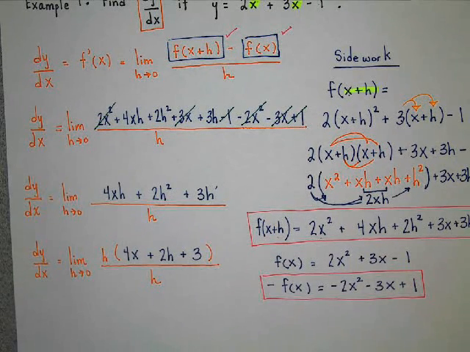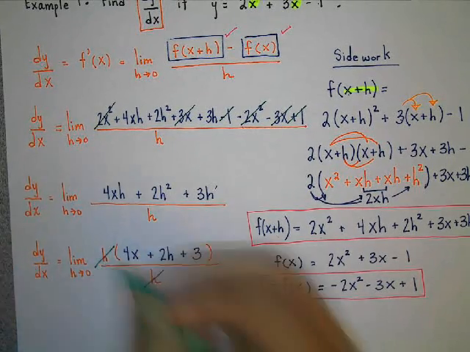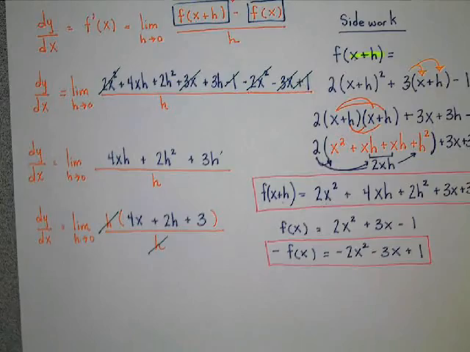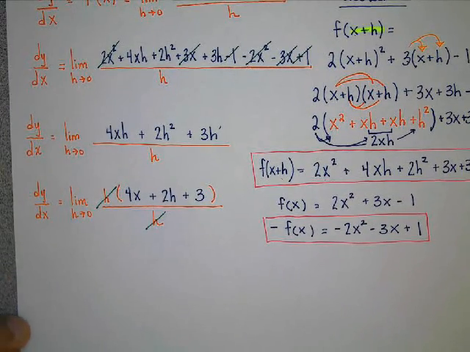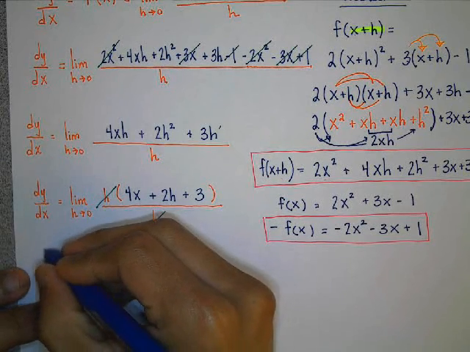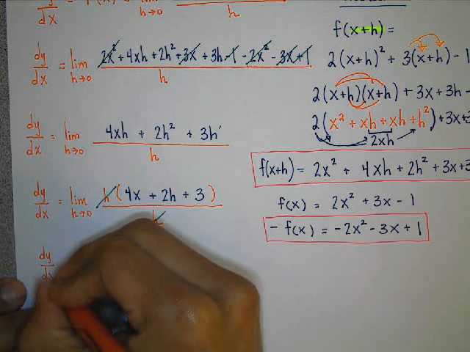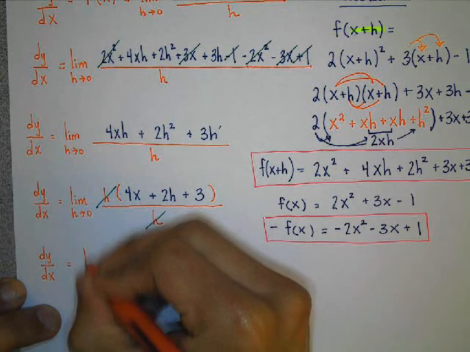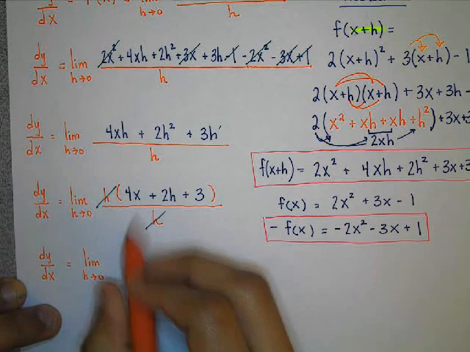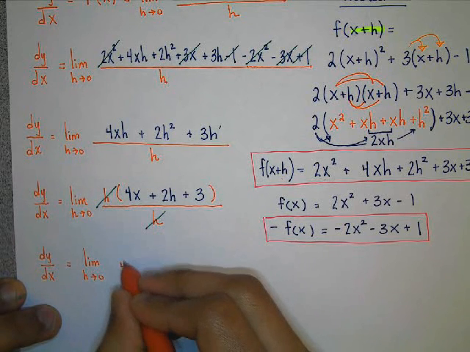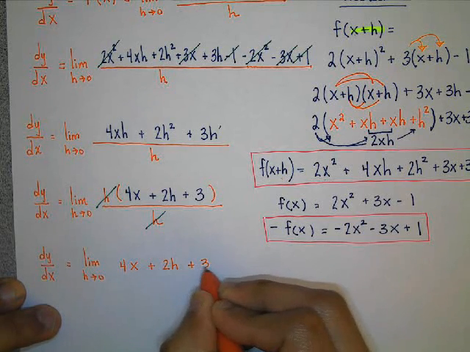Now, the cool thing here is that now our h's cancel out. So here, the h's are going to go ahead and cancel out. They're going to divide out. And now we just have this limit to evaluate. And so if we evaluate this limit, let me keep the colors the same. So we're going to have dy dx is equal to, let me just write what's left over, and then we'll calculate the limit here. I'm left with 4x plus 2h plus 3.